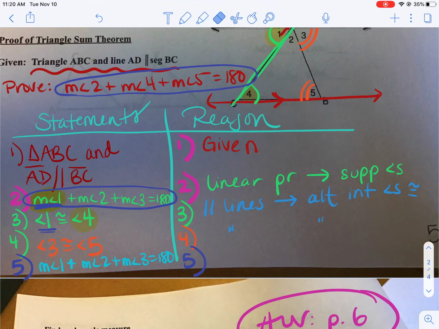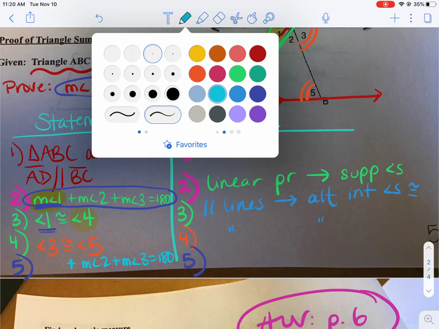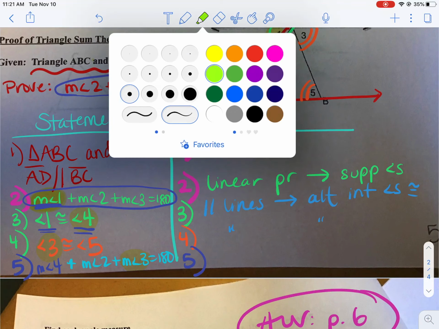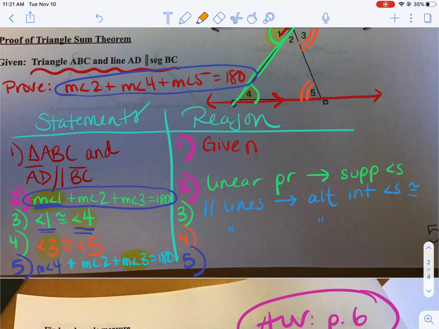Now, if we use substitution, instead of putting in angle 1, I know angle 1 is also equal to angle 4. And the same thing is true for angle 3. Instead of putting angle 3 in down here, here's angle 3, I could put in angle 5.